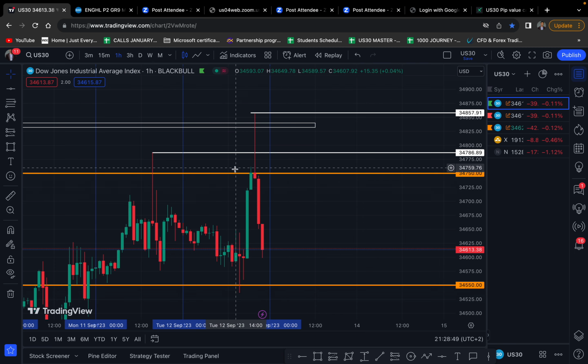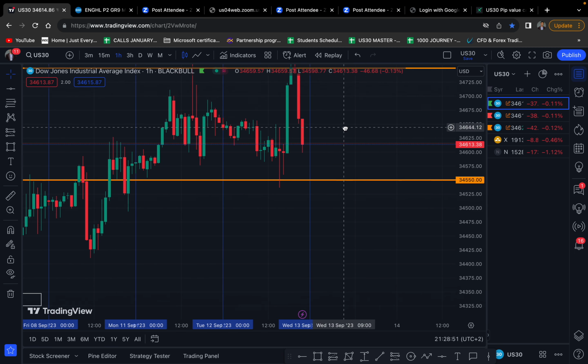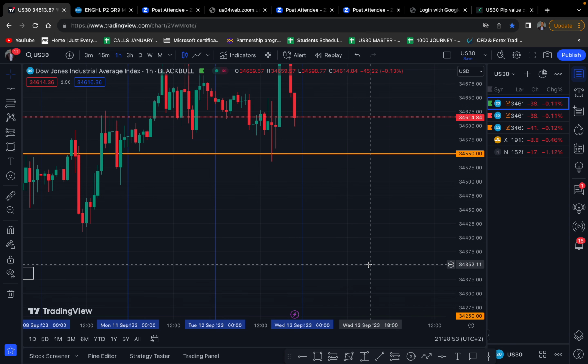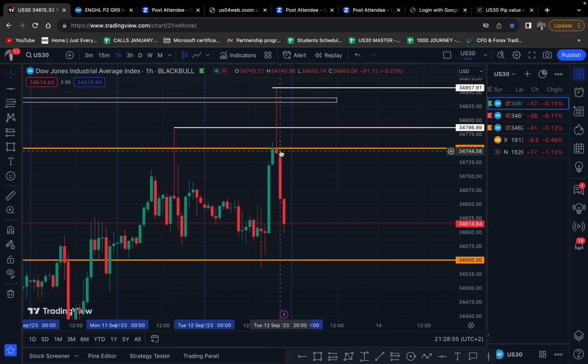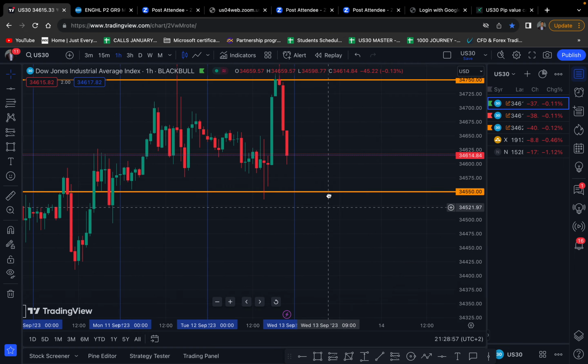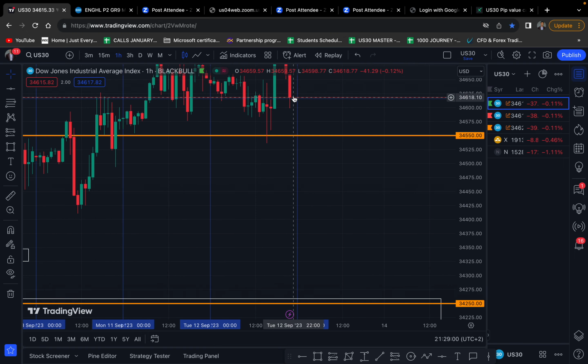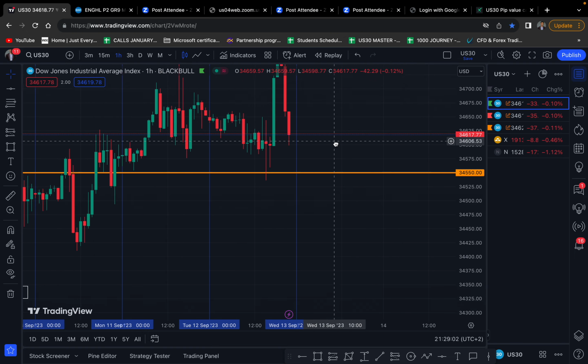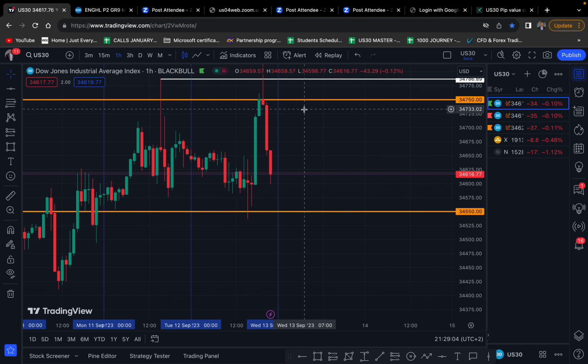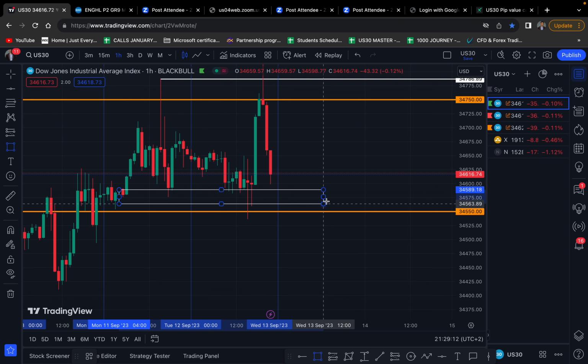So we see that this key level has been doing a very good job. But if we see a break today of this key level, coming back there is not gonna be easy again, because at this area there, we're gonna use this as our support.